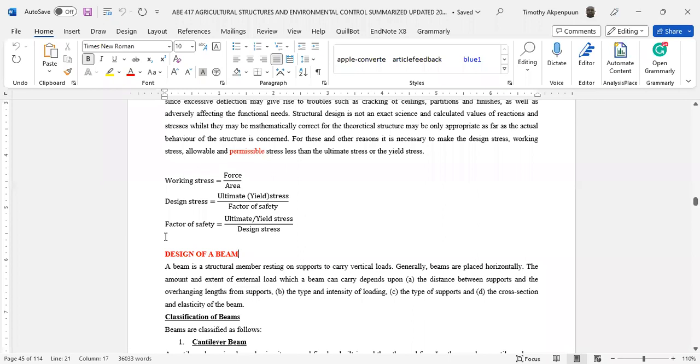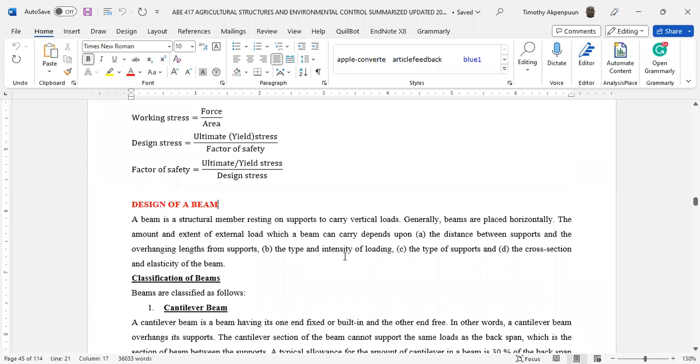Okay, beam design. Like I've given you, it says what? A beam is a structural member resting on supports to carry vertical loads. Generally, beams are placed horizontally.